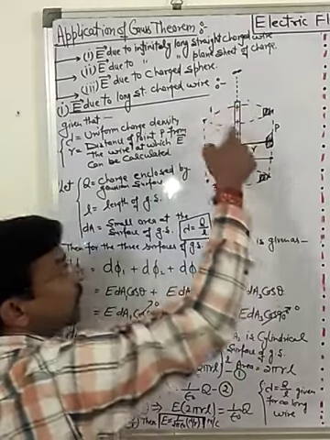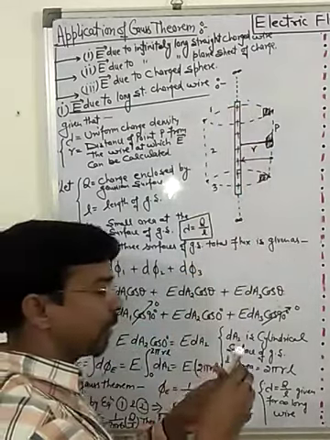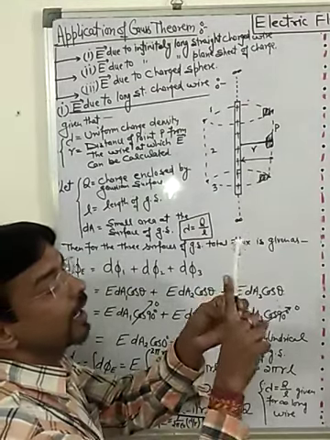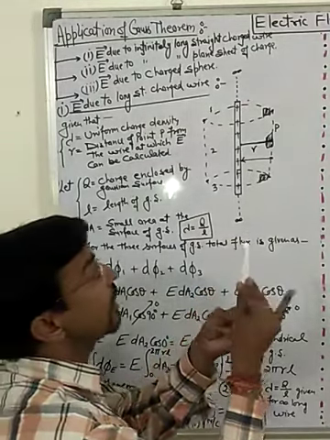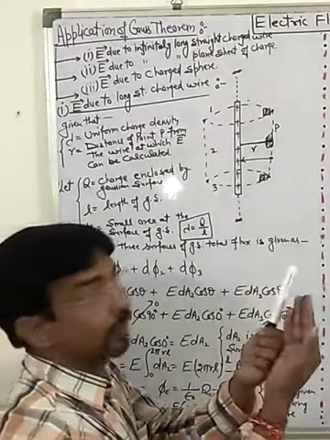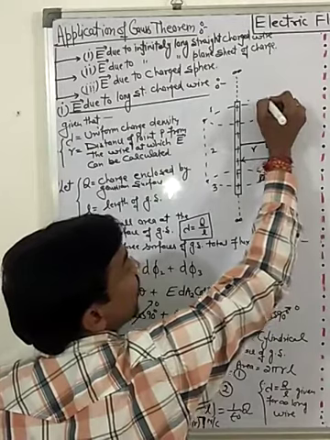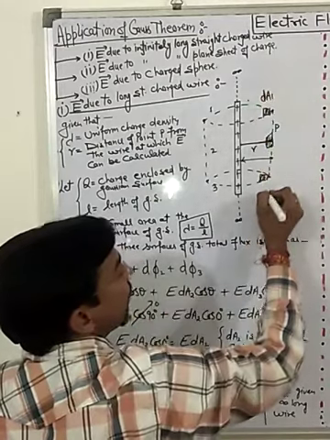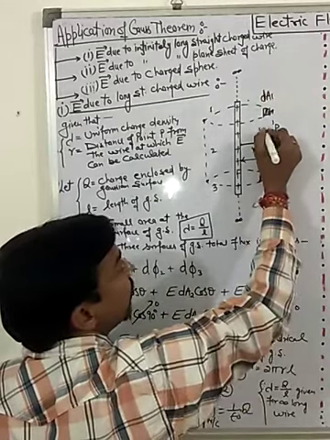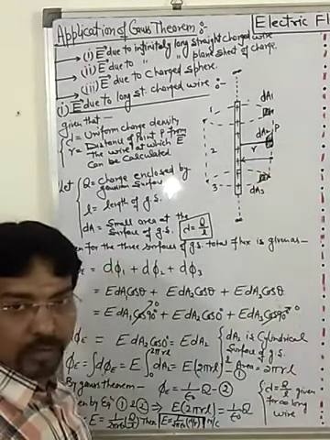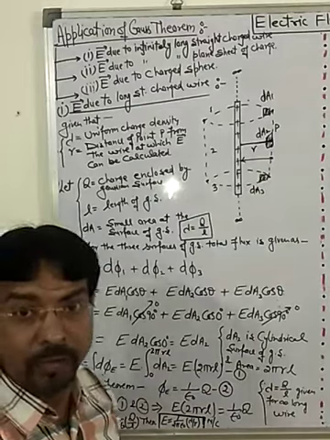So there are two circular surfaces for a cylinder, and the third surface is the curved cylindrical surface. So you will have three different areas. For separating them, I am naming them dA1, dA2 and dA3.